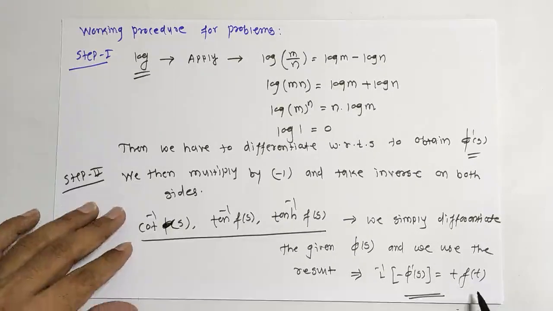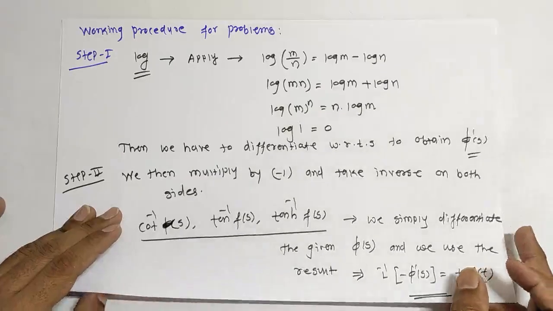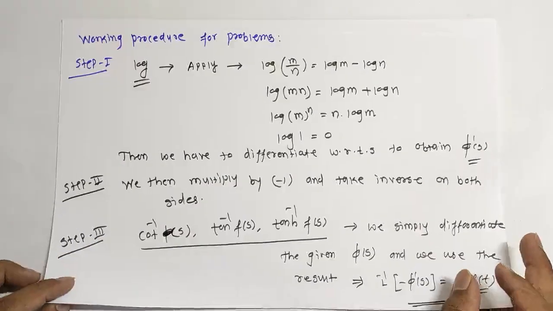We will use this result and directly you will get f of t. Let us solve a few examples on this.